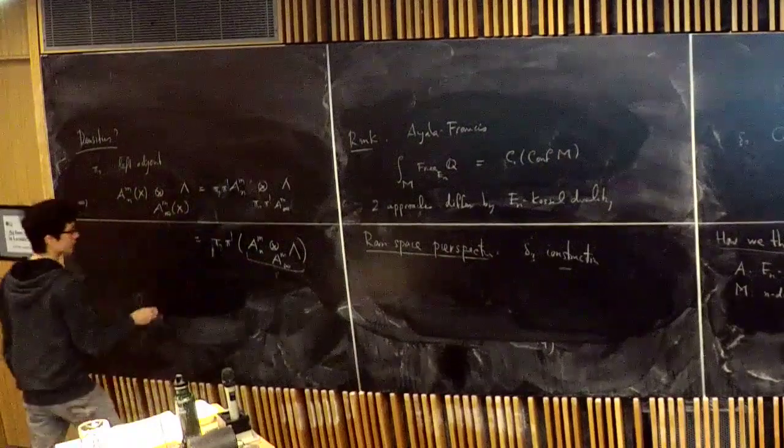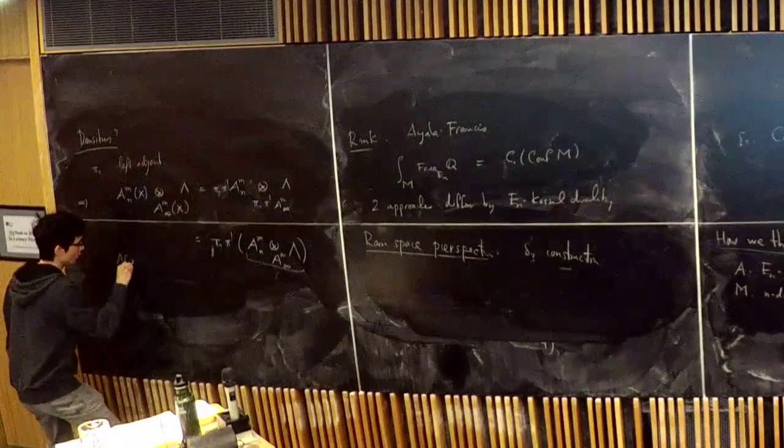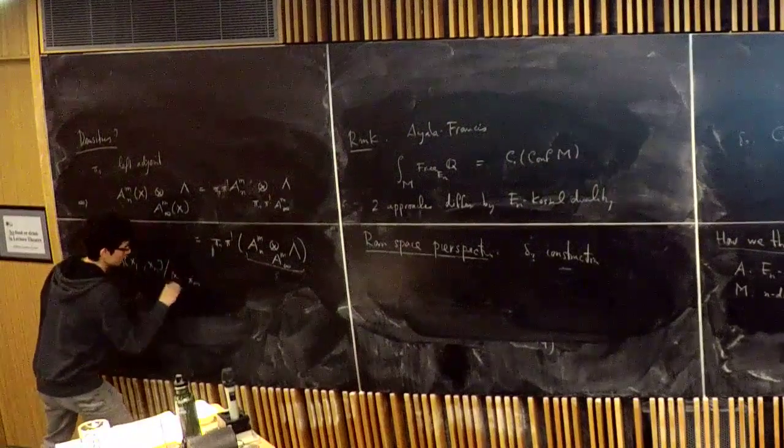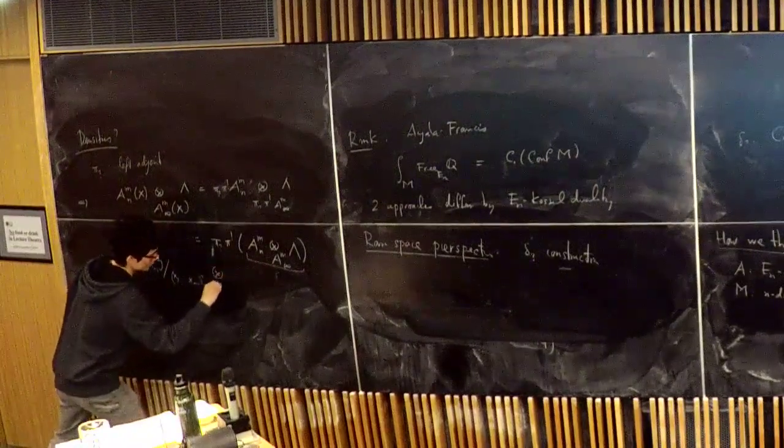But this guy is now very simple. It is just lambda[x1, ..., xn] divided by the x1 to xn to the n, over the symmetric algebra.